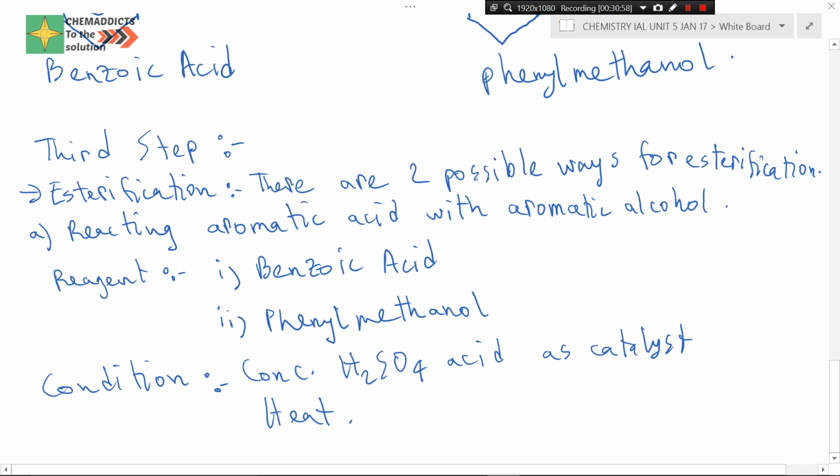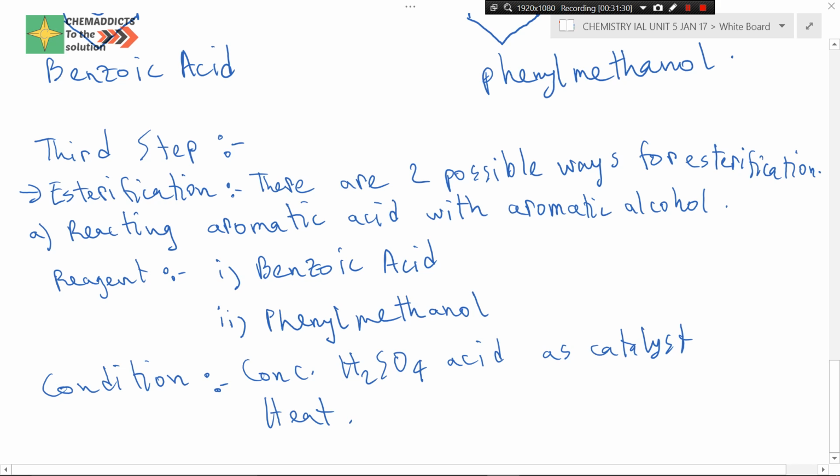Okay, so here the first possible reaction is reacting aromatic acid with aromatic alcohol. The reagent required over here is benzoic acid that is formed from the first step, and the phenyl methanol that is formed from the second step.